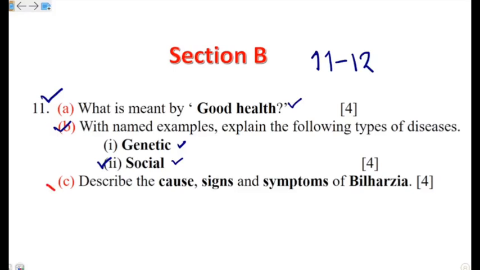We've come now to question C. Describe the cause, signs, and symptoms of bilharzia. Bilharzia is an infectious disease caused by the parasite called Schistosoma haematobium that lives in the blood vessels of the human bladder.